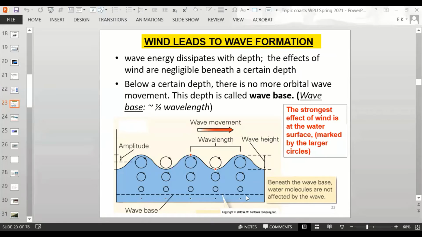Below a certain depth, there is actually no more orbital wave movement. That depth is called wave base. Wave base is approximately half of a wavelength. So you take the wavelength, you cut that in half, and that distance approximately is your wave base. Below that wave base, water molecules are not affected by the waves.